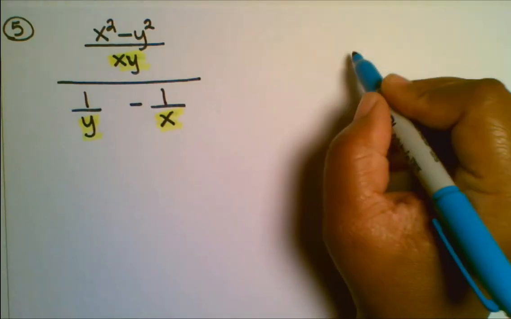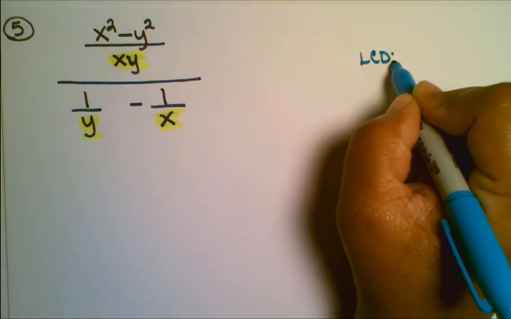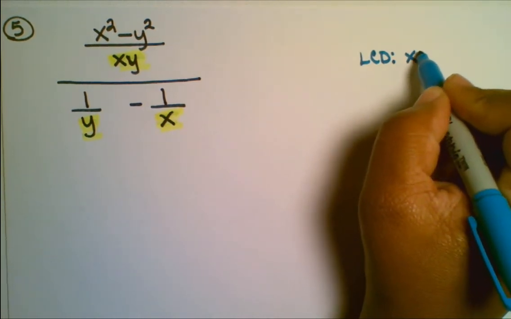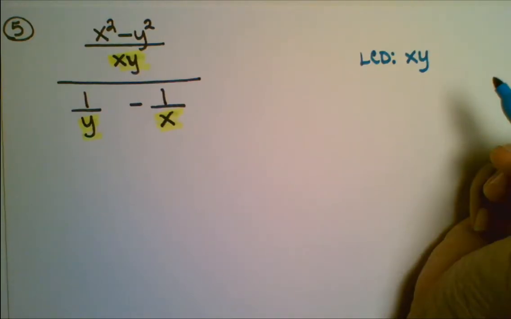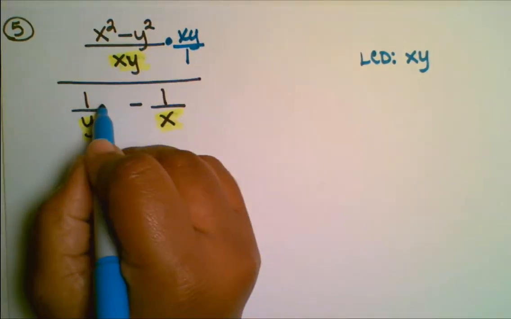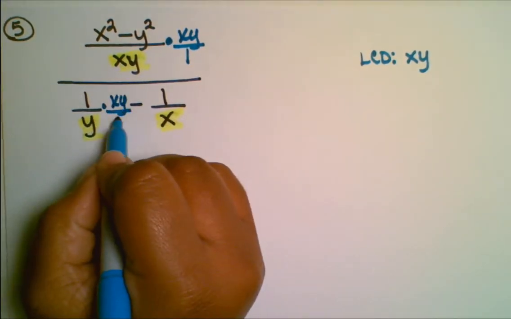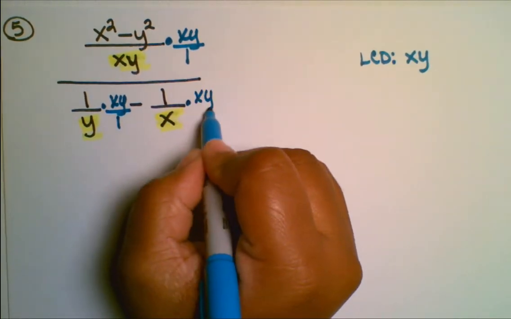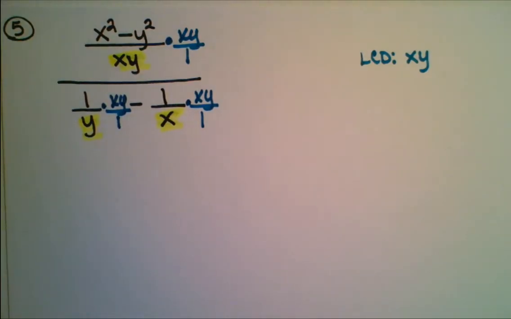So we're going to do that by first finding the LCD. And our LCD is x and y. So we're going to take xy, the LCD, and multiply it to every term we see of the complex fraction.